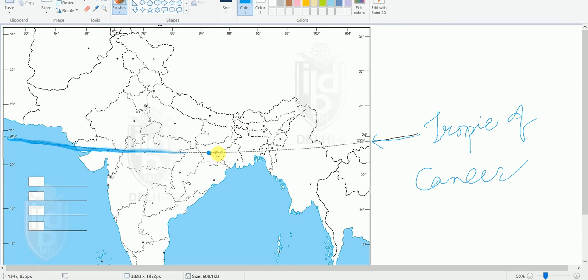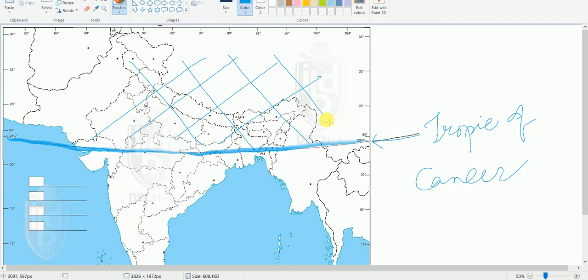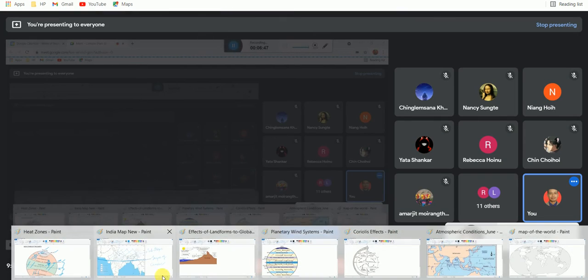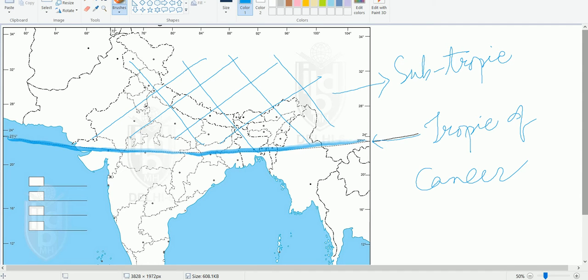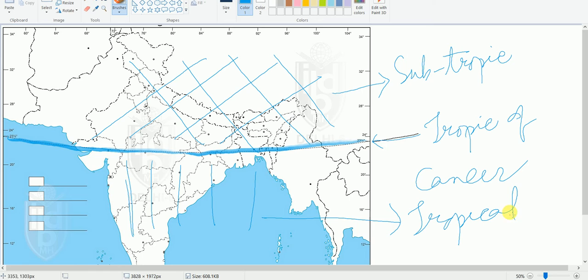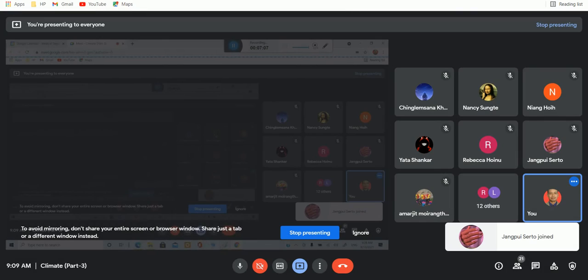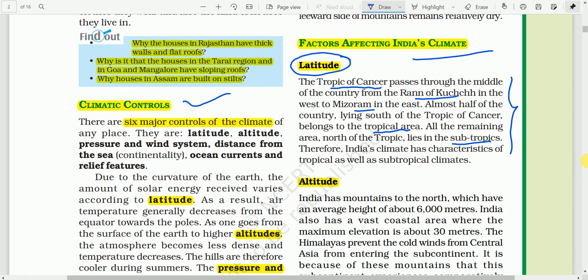So the Tropic of Cancer passes through the middle of India, and because of this the northern half lies in the subtropical zone, and the southern half, the southern part of India, lies in the tropical zone. So that is the point mentioned here.